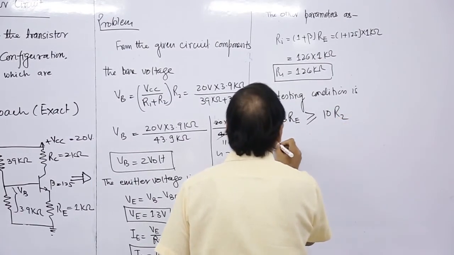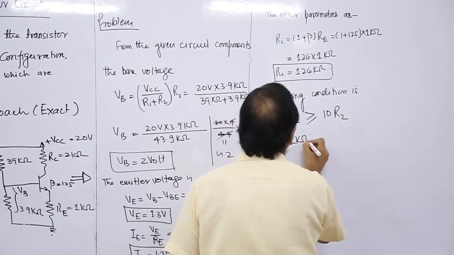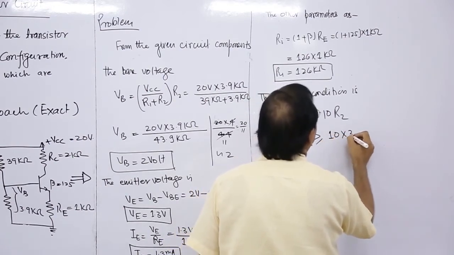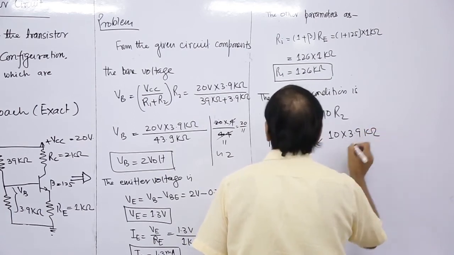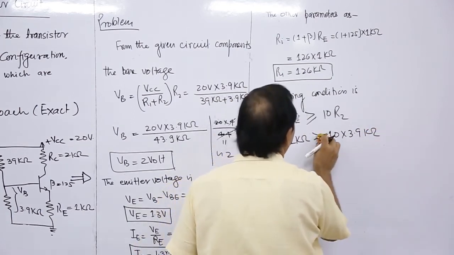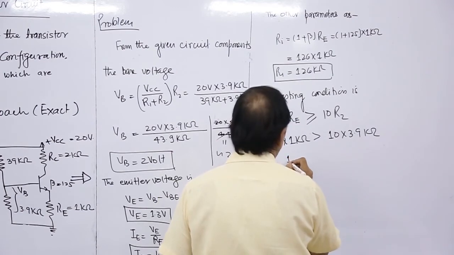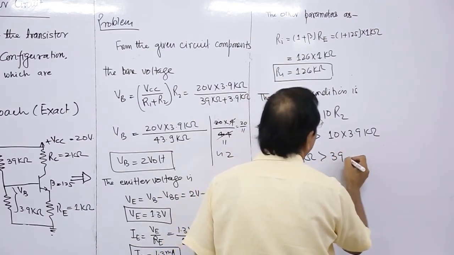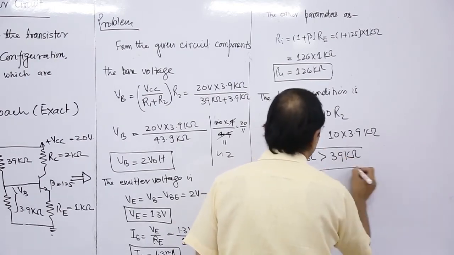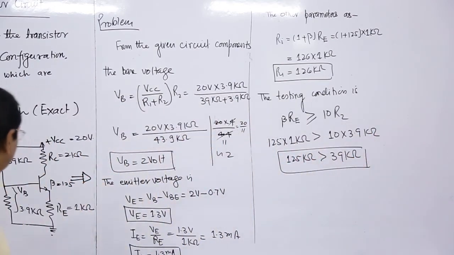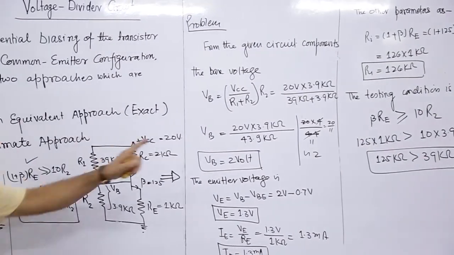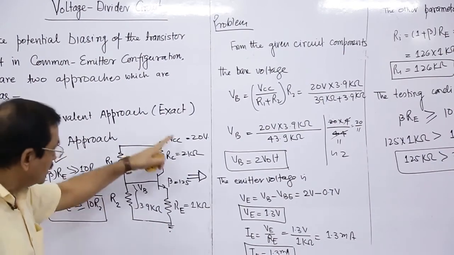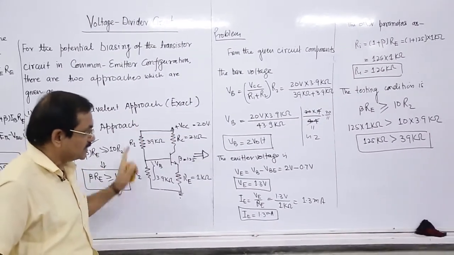So 125 into 1 kilo ohm is greater than or equal to 10 into 3.9 kilo ohm. So we have 125 kilo ohm is greater than 39 kilo ohm. So we find that this condition is valid in this part. So this part is governed in this way.